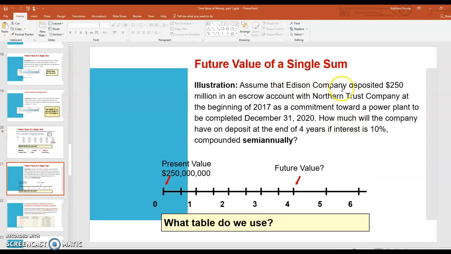Now in this one, we have Edison Company deposited $250 million now, so that's our present value. They want to have some money to build a power plant by the end of December 31st, 2020. So our future value is saying, as of that date, how much money will we have to be able to start the power plant with?